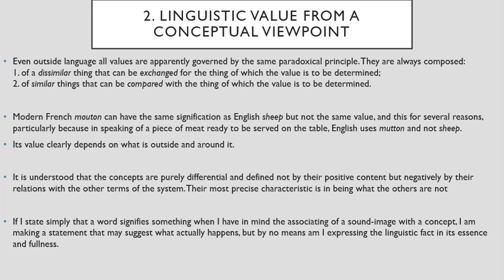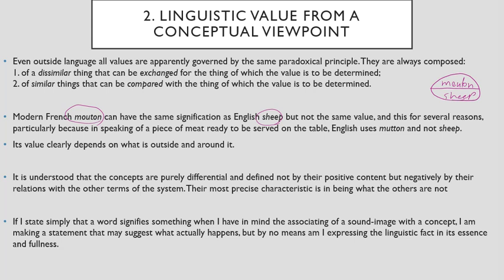And how do we understand this in linguistics? The example he gives, I think, is very illuminating. We have the French word mouton, which is sheep in English. Of course, here I'm writing the translation.